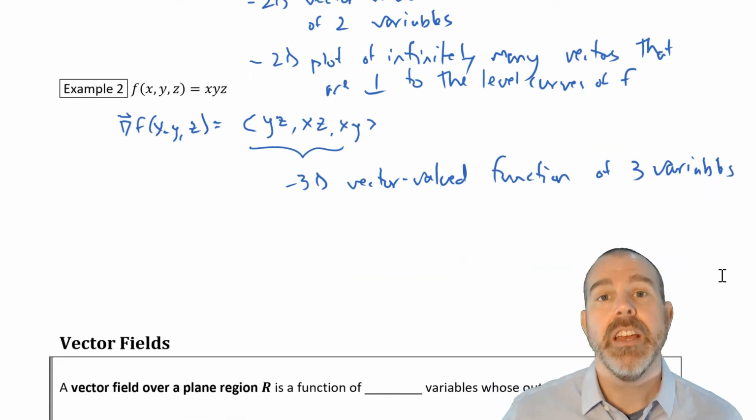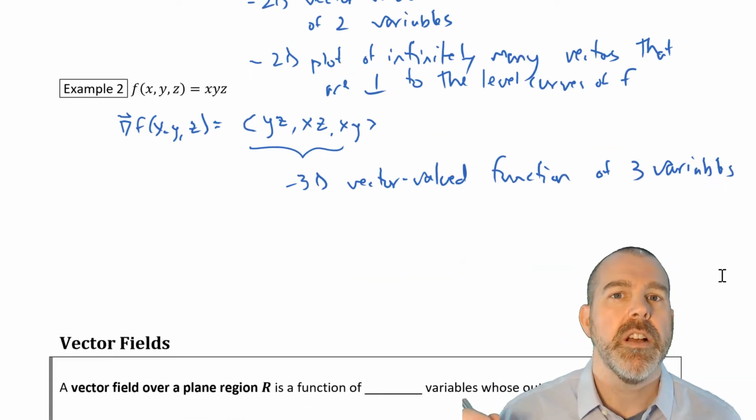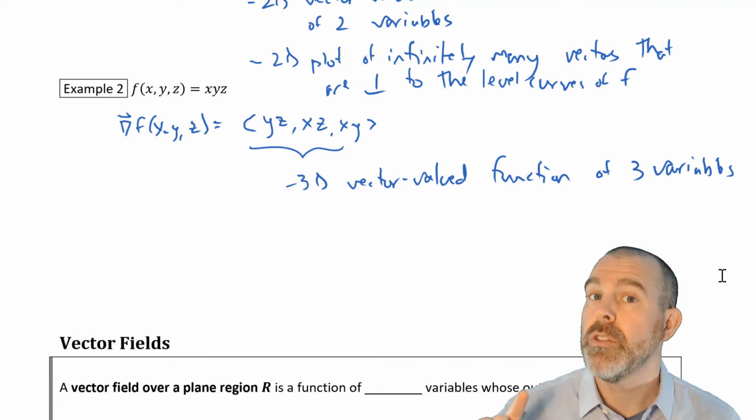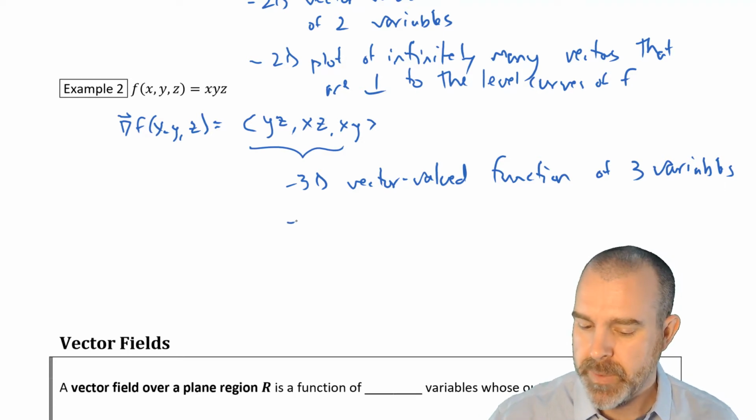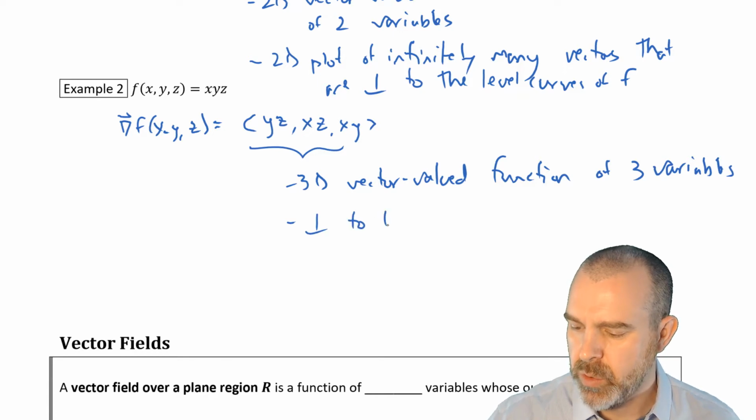And again, all of these are orthogonal to the level surfaces this time, though. So we're just going to say orthogonal to the level surfaces.